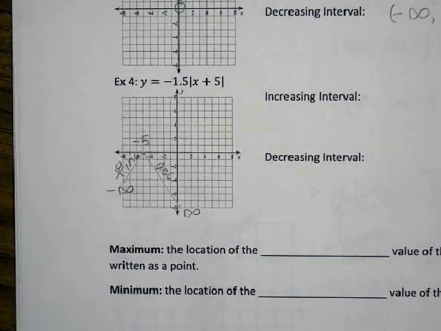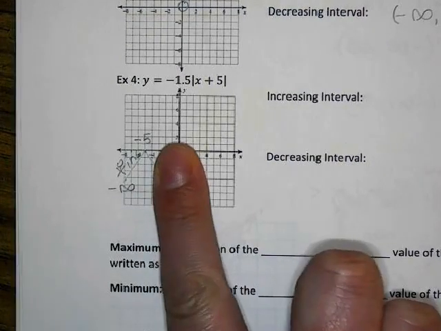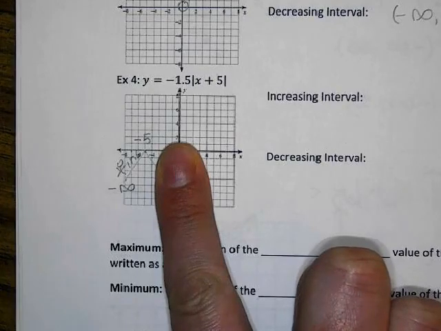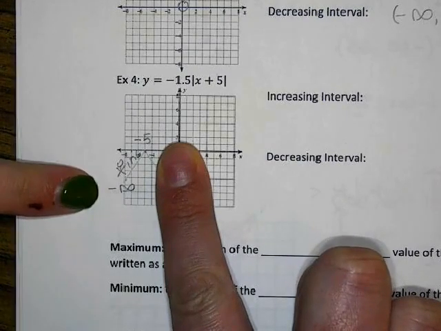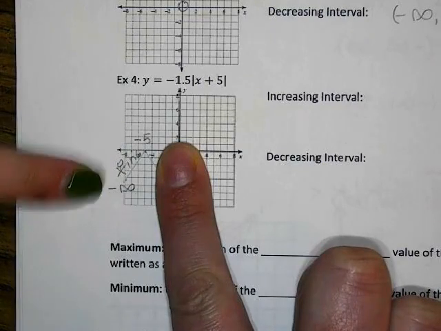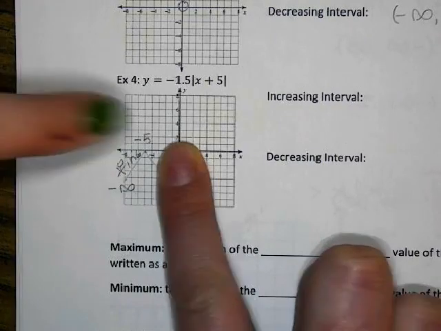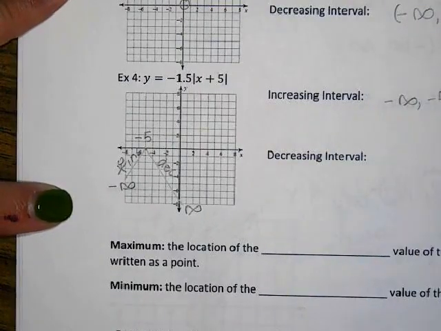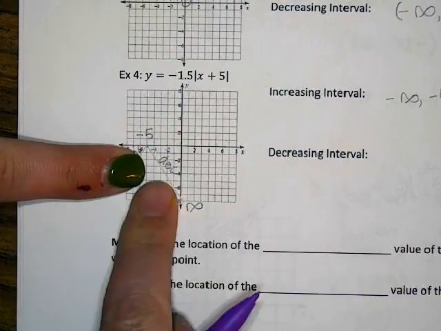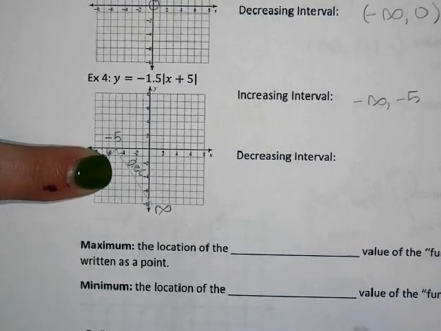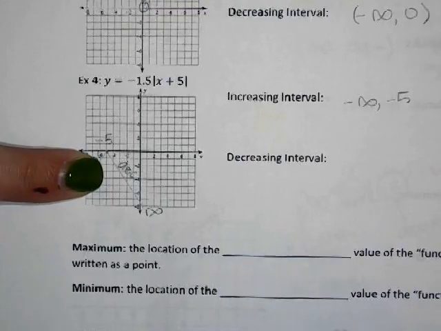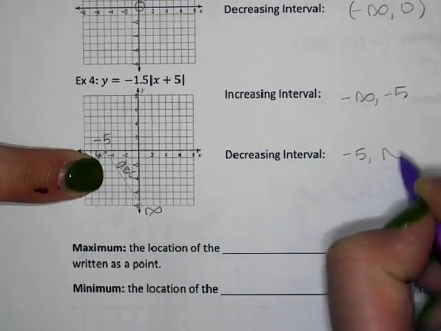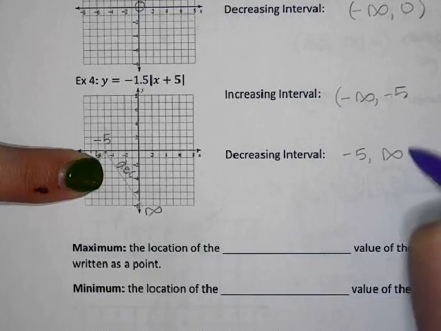Okay, so if I look at the word increasing, it is in between what two numbers? -infinity to -5. And the word decreasing is in between what two numbers? -5 to infinity. Okay, the infinities always get a parenthesis.